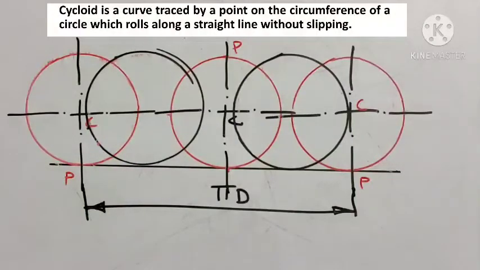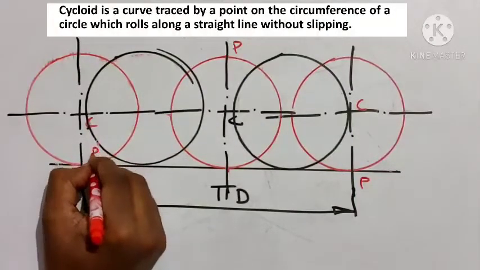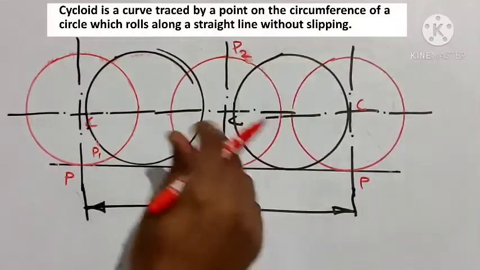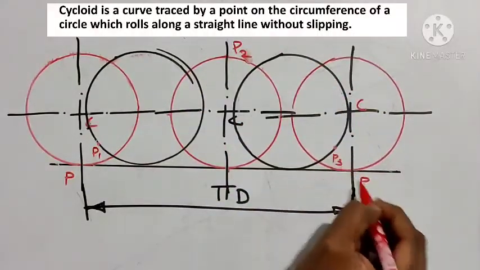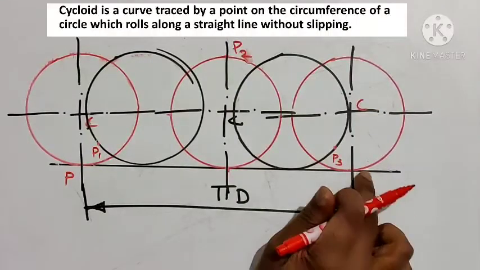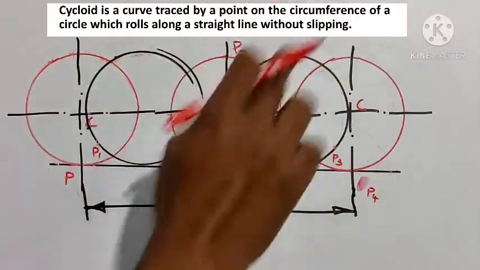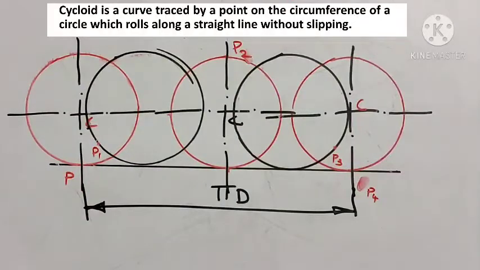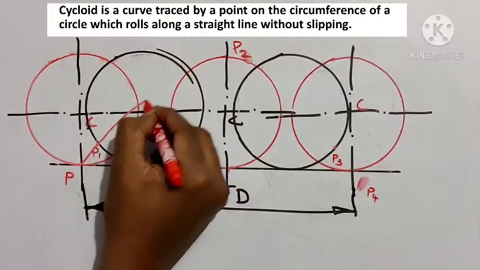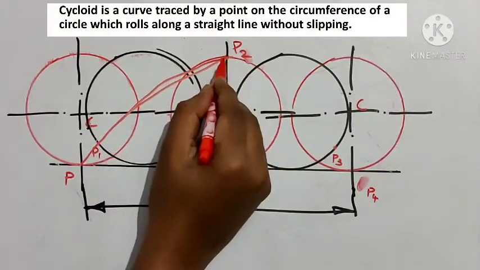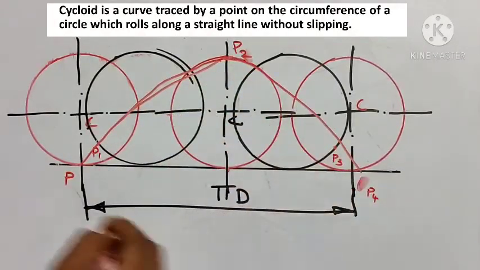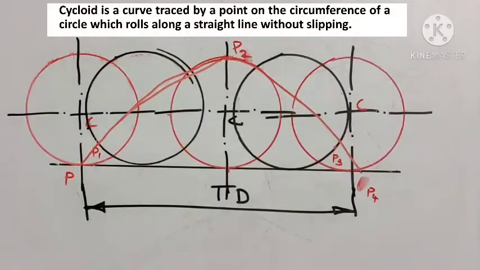Let's name this as P1, this is P2, the P will be somewhere here, P3, and let's take this as P4. If we connect the points P1, P2, P3, P4 sequentially, we will get the curve. This particular curve is called the cycloidal curve.